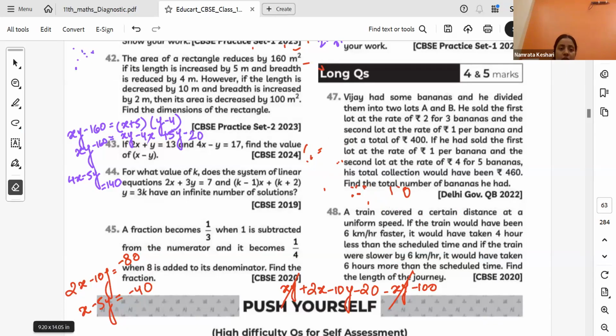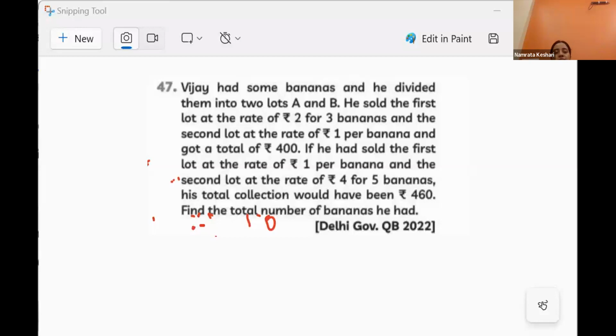Just a moment on my other screen. Can you see this question?